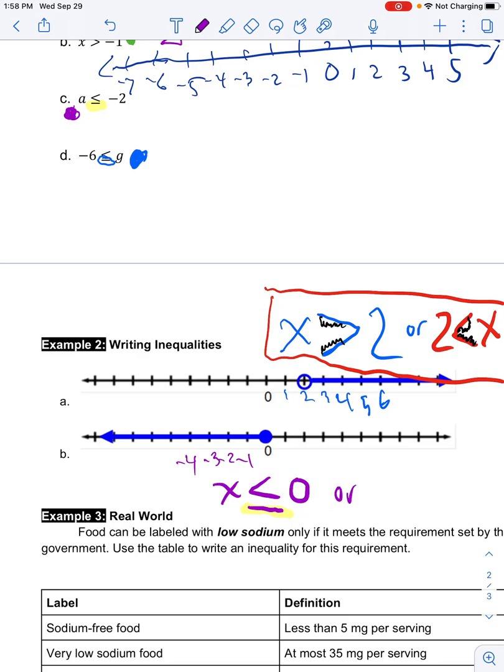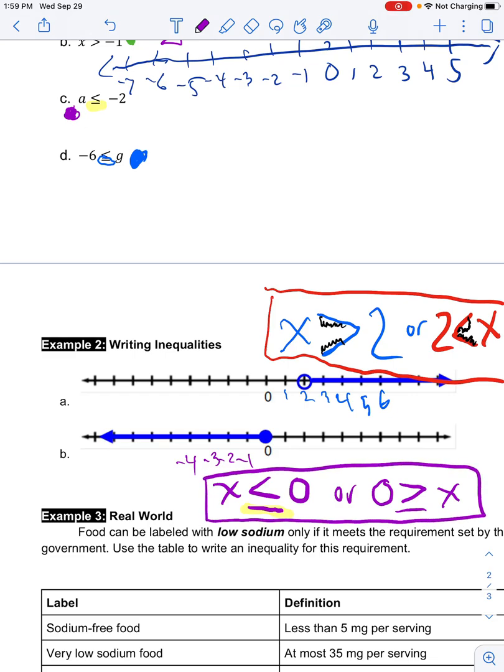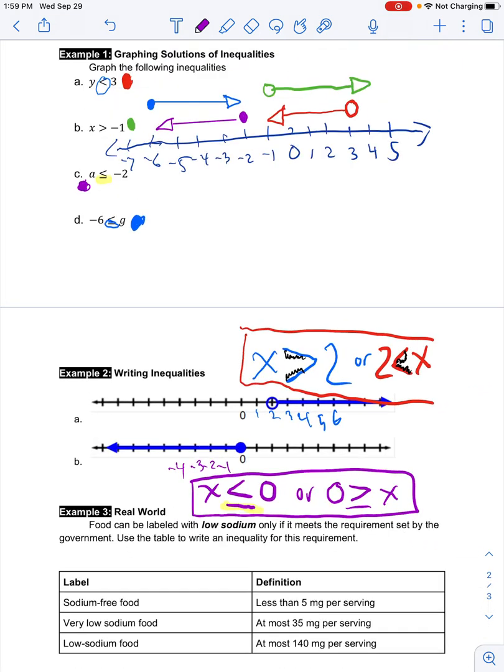Or I could say 0 is greater than or equal to X. I'm saying the same thing. There are 2 ways to write it, 2 ways to talk about it. X is less than or equal to 0, or 0 is greater than or equal to X.